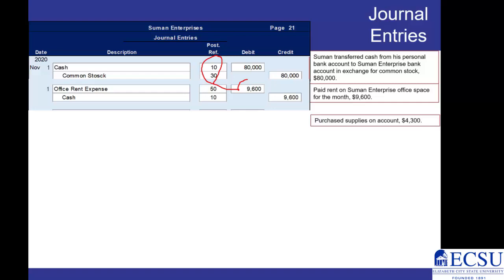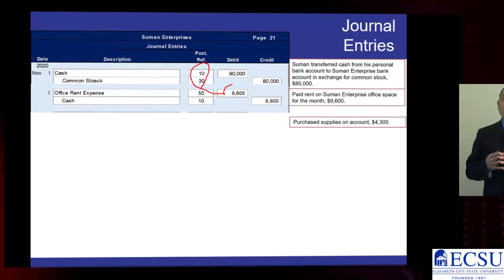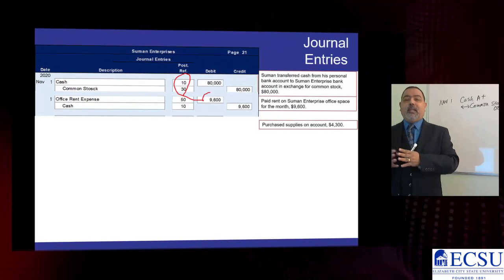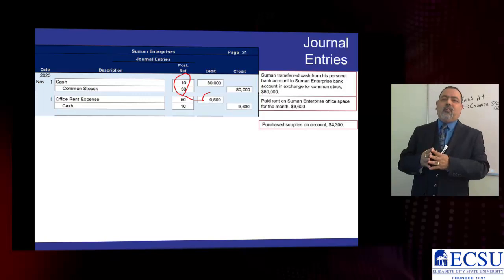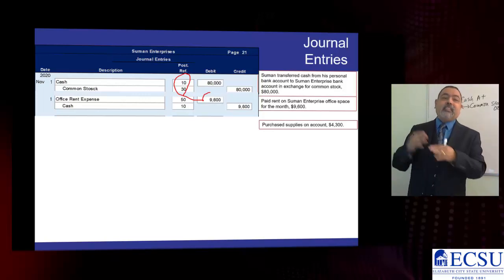The third transaction was purchase supplies on account. Now, supplies is an asset, and on account basically means I have purchased those supplies on credit. Whenever you buy something on credit, if you are buying it, it is accounts payable. If you are selling it, it is going to be accounts receivable.